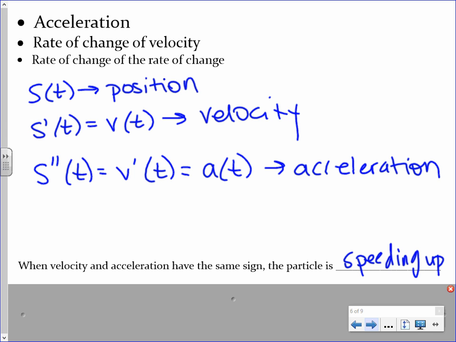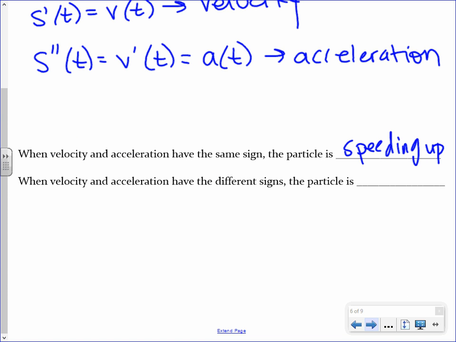Now, you are still moving forward, but you are decelerating. So I'm going forward, but I'm decelerating, which means we are slowing down. So if your velocity and acceleration have different sign values, like positive velocity but negative acceleration, then we're slowing down.